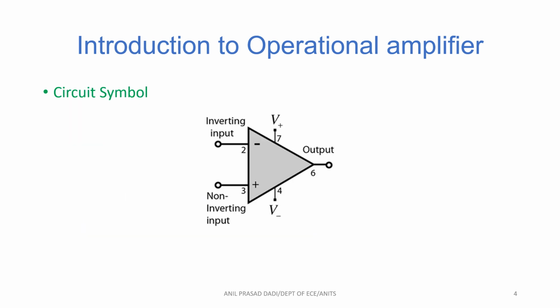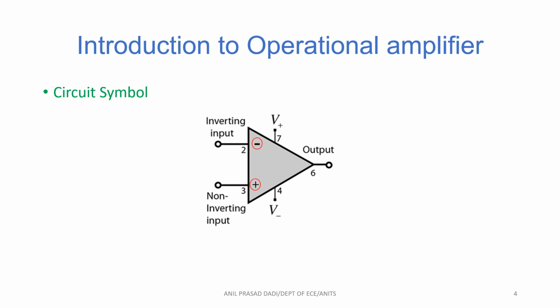The operational amplifier is an integrated circuit that comes in an 8-pin package. Look at the circuit symbol of the operational amplifier shown here. It has two input terminals. One is shown with a negative symbol and is called the inverting input. Another is shown with a positive symbol and is called the non-inverting input.